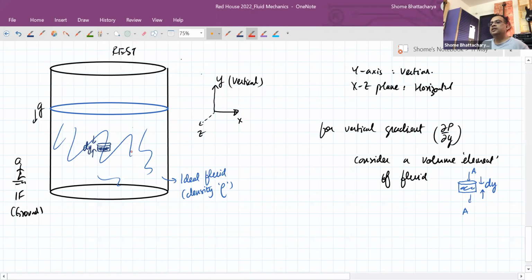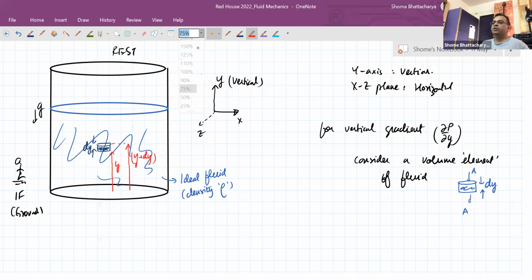Okay, so this is my volume element for which this thickness is dy. It's lying, let's say, such that from the bottom of the container, this surface is at a y coordinate of y, and therefore this surface is at a y coordinate of y plus dy, because the thickness is dy.